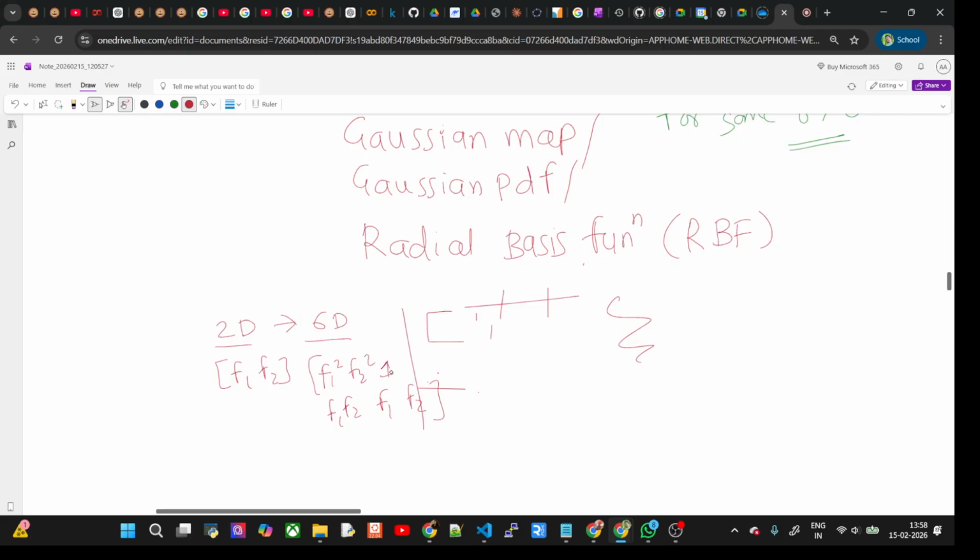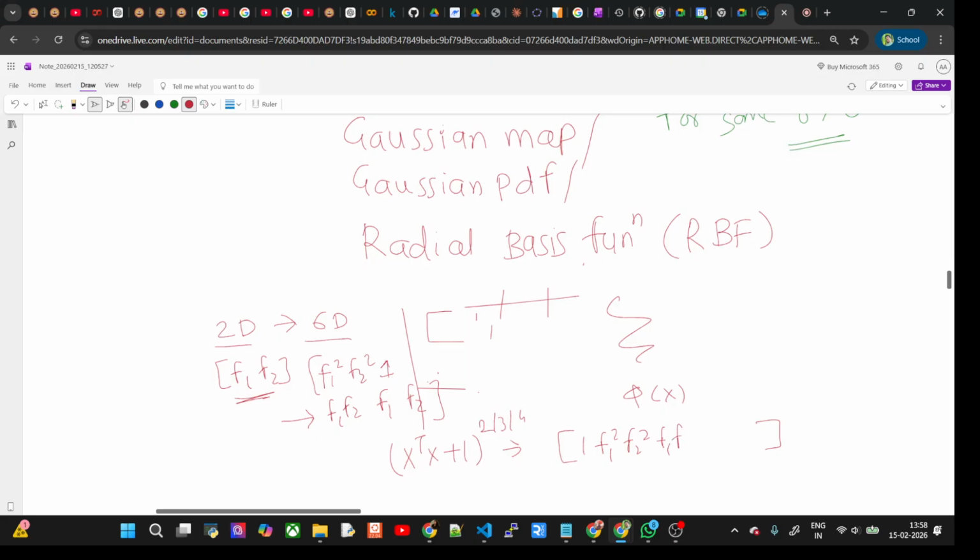So we got that these two features in the lower dimension map to the 6 features. This is something like a polynomial kernel, x transpose x plus 1 whole square, or 3 or 4. Then you will get some kind of phi of x here, which has this kind of data.